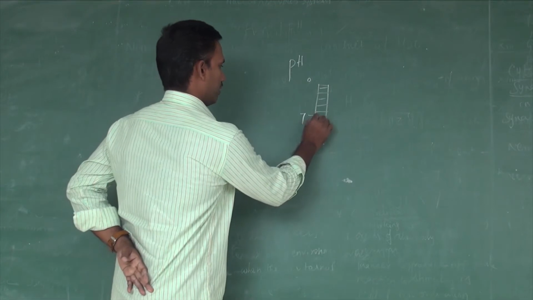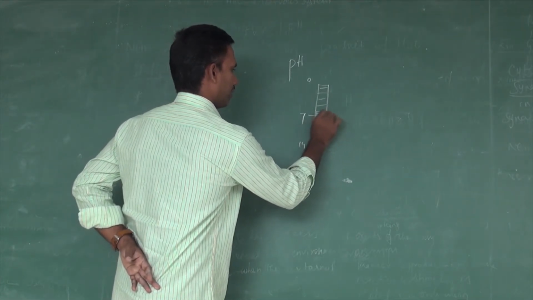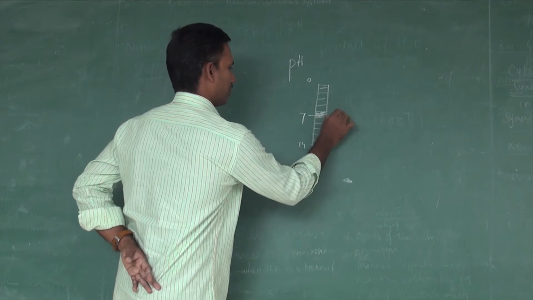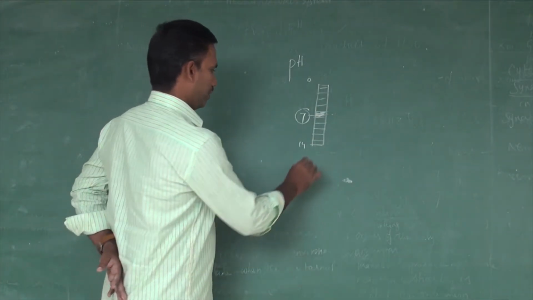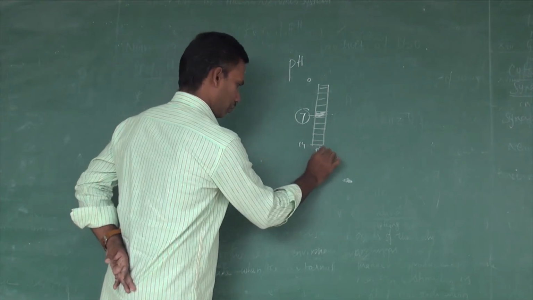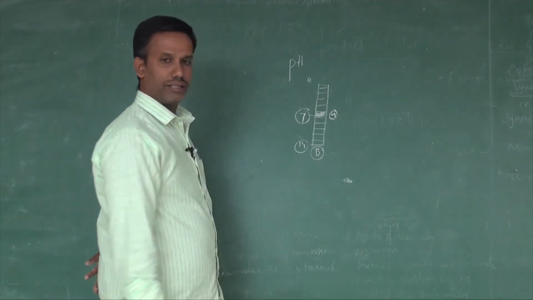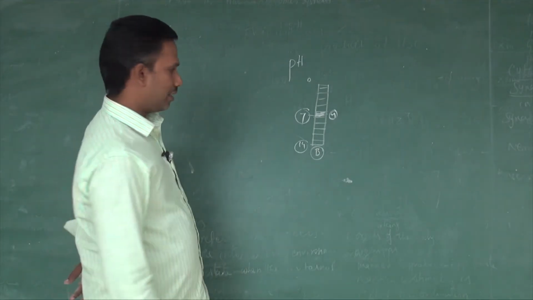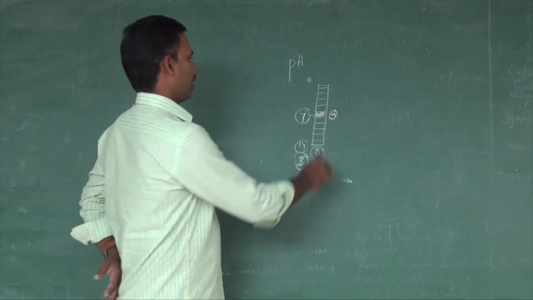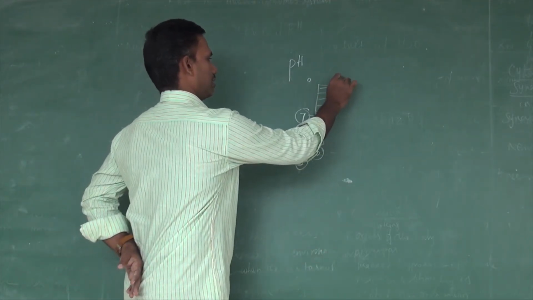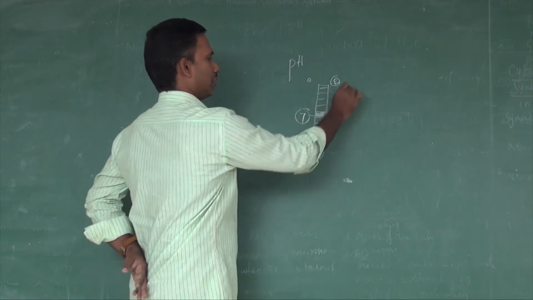If the color is green, it is a neutral solution, that is pH 7. If it is blue, that is pH 14, a basic solution. Orange or red orange, close to 0, is an acidic solution.